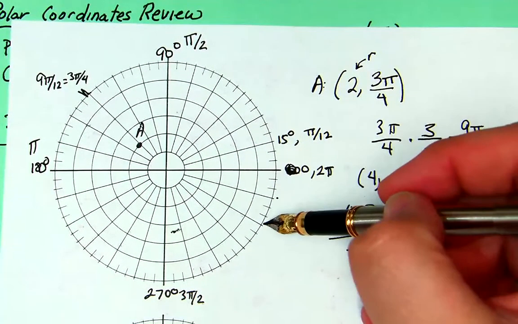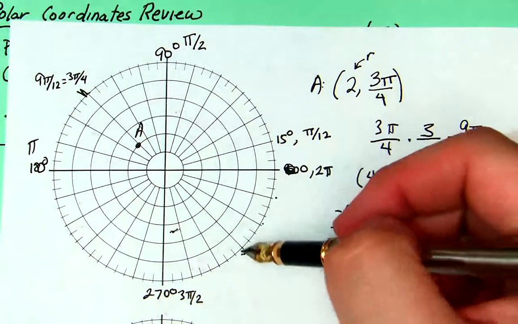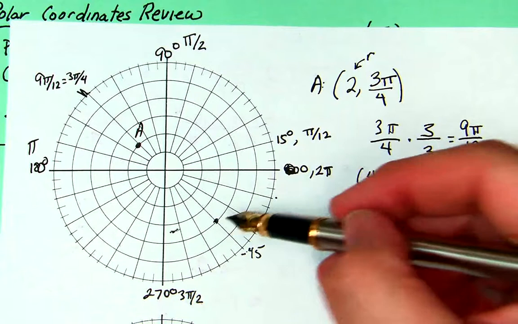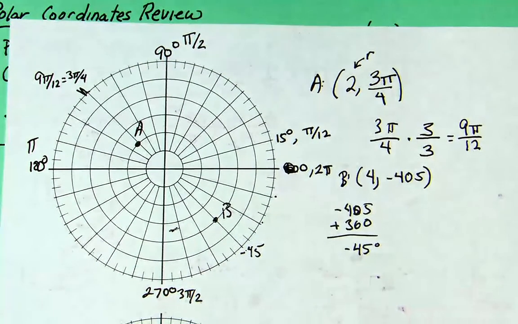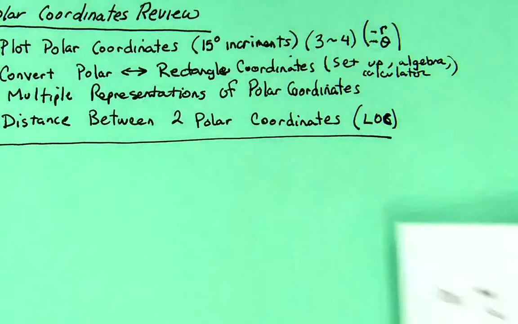That's 15, 30, that's negative 45 degrees, and I need 4. So 1, 2, 3, 4. If that's point B, there you go. So just be careful about where you're putting your points and where everything else is.